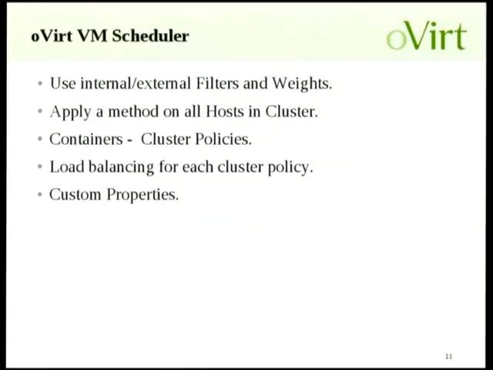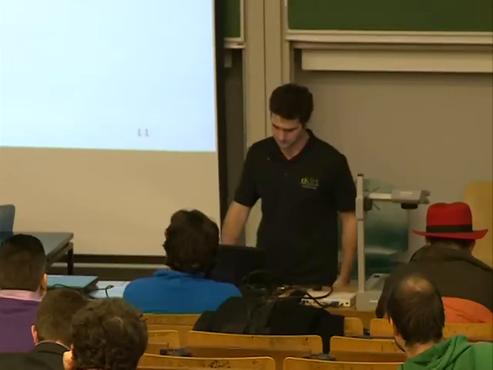The external part is what all the users can support and extend. We apply the filters and weights on all the hosts in the cluster for better performance, and we want to have a better grasp of how the cluster behaves.